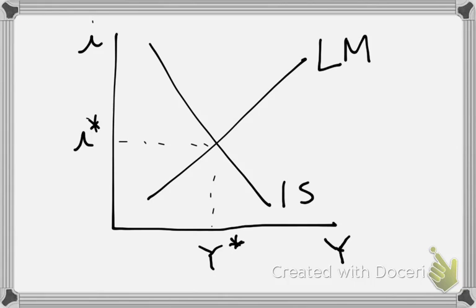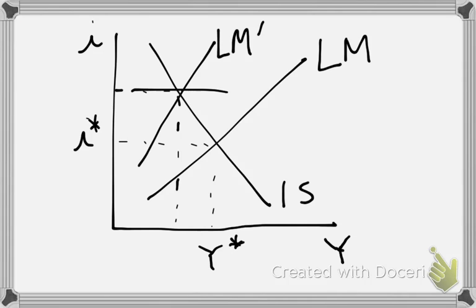Obviously, if the location of these curves and their slopes were different, so if we had LM prime, we would have a different equilibrium interest rate and GDP. The IS curve might look like that too. Depending on the slope and location, we'll have different equilibria.